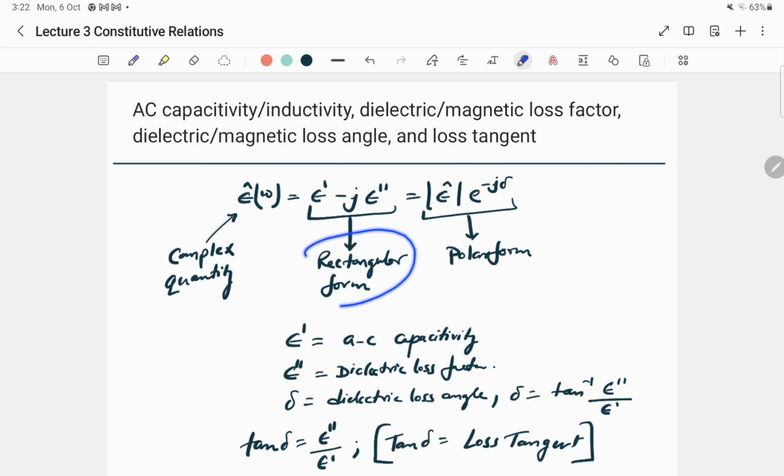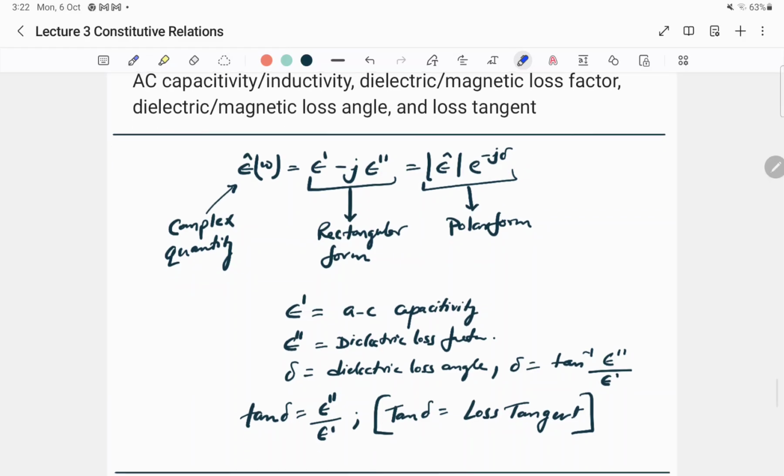This is complex permittivity written in rectangular form, and it can also be written in polar form, where this is the magnitude part of the complex permittivity and this is the phase part. Here epsilon prime is called the AC capacitivity and epsilon double prime is called the dielectric loss factor, and this delta is called the dielectric loss angle.